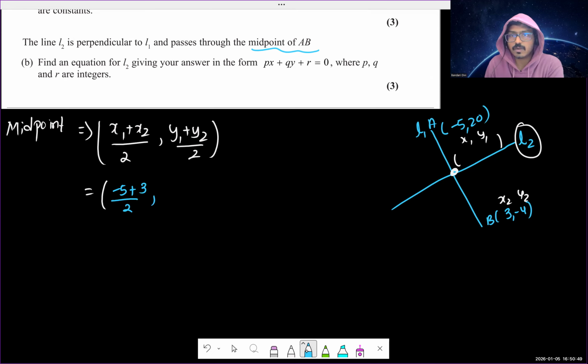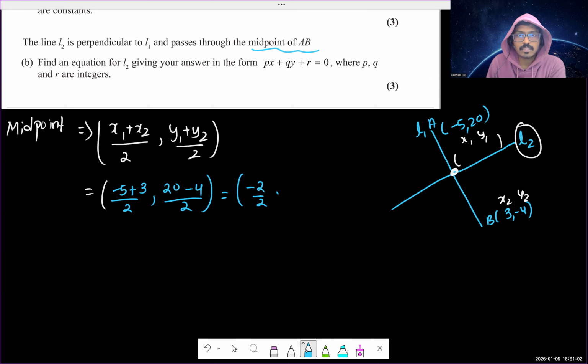And then what is our y1 value? It would be 20, and then the y2 value will be -4, upon 2. So we will finally obtain -2 upon 2, and then 20 minus 4, which is 16 over 2, so we finally get -1 and 8. So (-1, 8) is our midpoint value.